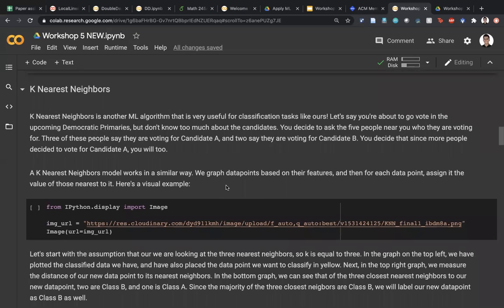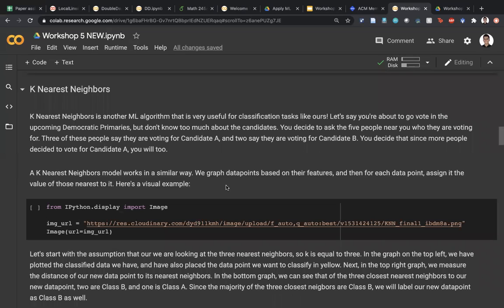So, k-nearest neighbors is a very popular classification algorithm, and what is the intuition behind such an algorithm? Let's say you're voting in the Democratic primaries.